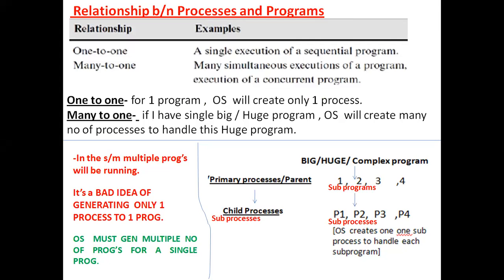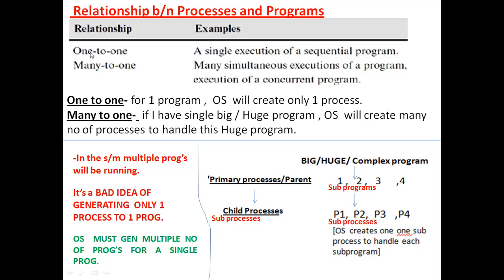Now let us see the relation between processes and programs. The kind of relation you can expect between the process and the program is of 2 types. The first type is one-to-one relationship, and the second is many-to-one. So we have basically 2 kinds of relationship between the process and the program.